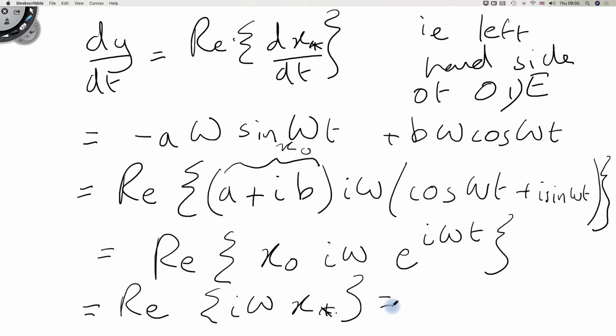And of course that then is just equal to the real, well, I don't need to do it actually because we started off at the top here. So this is then the right hand side of the ODE. So it's a very loose proof, if you like, that something with sines and cosines superimposed, of course, fits this equation.